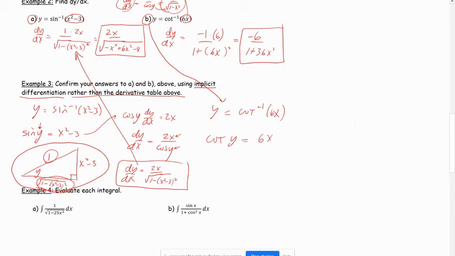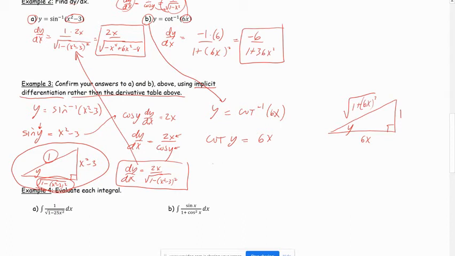And so drawing a right triangle from that description, y is our angle, cotangent is adjacent over opposite. So this would be adjacent 6x over opposite 1. And then by the Pythagorean theorem, the hypotenuse would be the square root of 1 plus 6x squared.